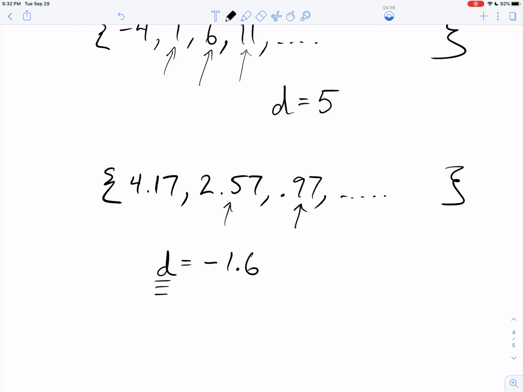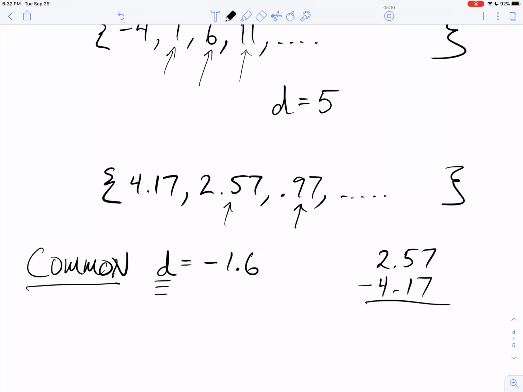So how do you verify that it is a common difference? Well, that means that when I do 2.57 take away 4.17, I am able to get negative 1.6 again. So on my calculator, I take 2.57 minus 4.17, and sure enough, when I hit enter, it comes up with negative 1.6 again.